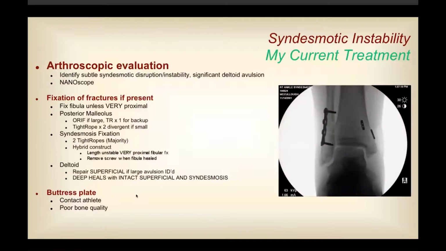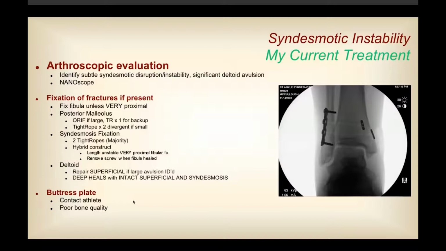For the syndesmotic fixation, 2 tightropes for the majority of these, or a hybrid construct where you're using a screw and a tightrope. The screw can then be removed once they start to do significant weight bearing. The deltoid is very important, as Bob talked about: repair that superficial avulsion, and you can identify that arthroscopically.